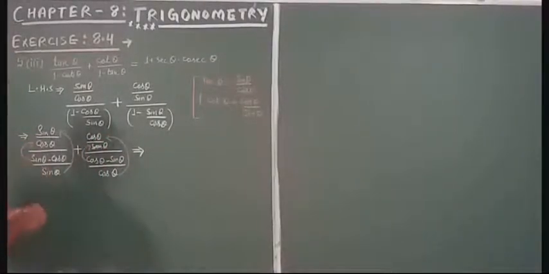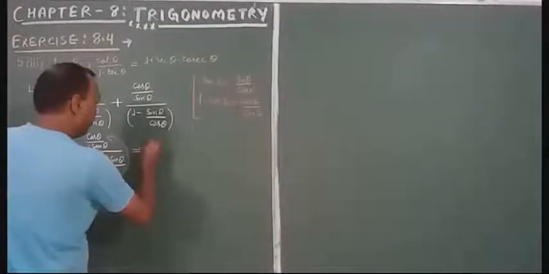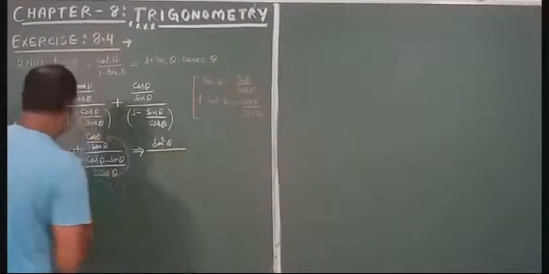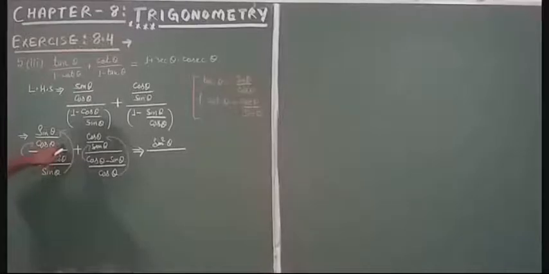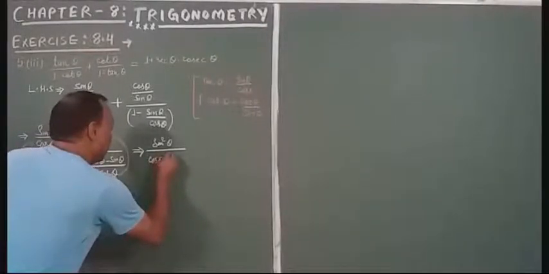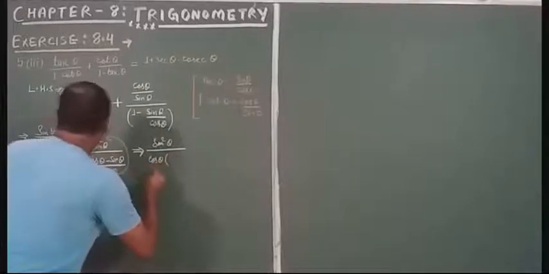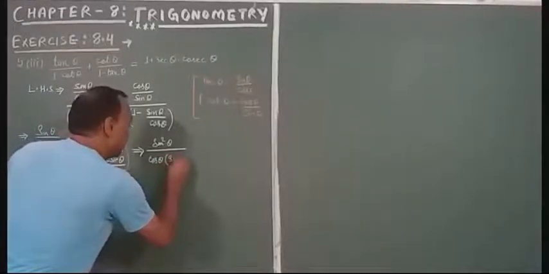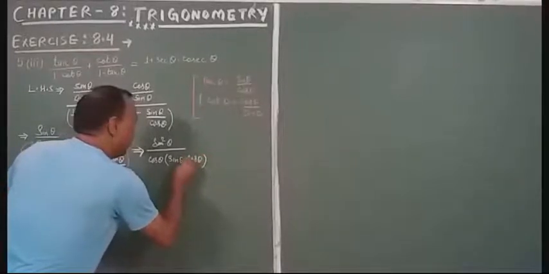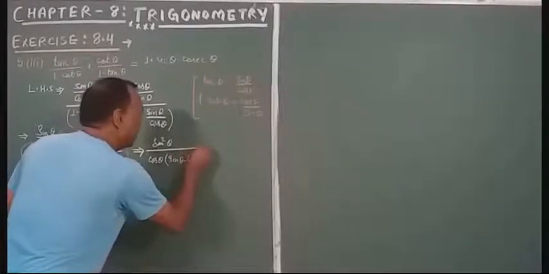Sin theta into sin theta, that is sin square theta, divided by cos theta multiplied with the bracket sin theta minus cos theta.